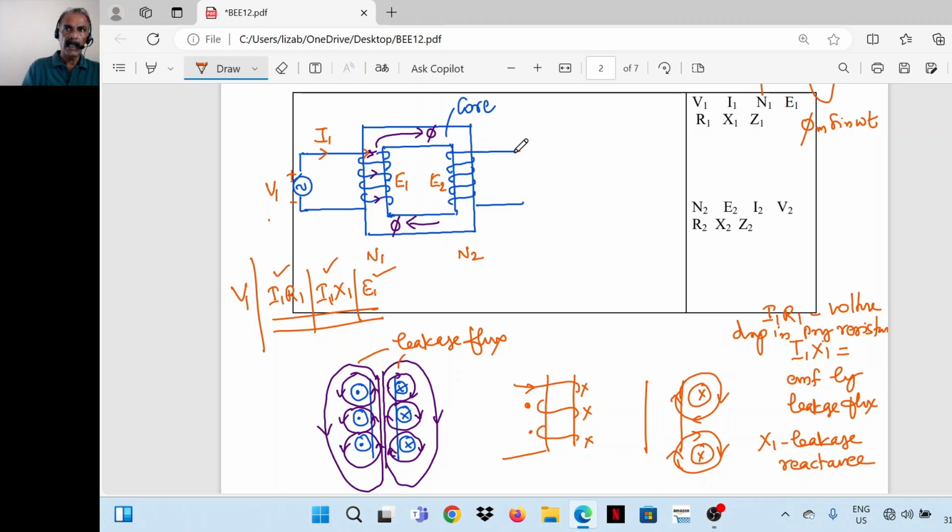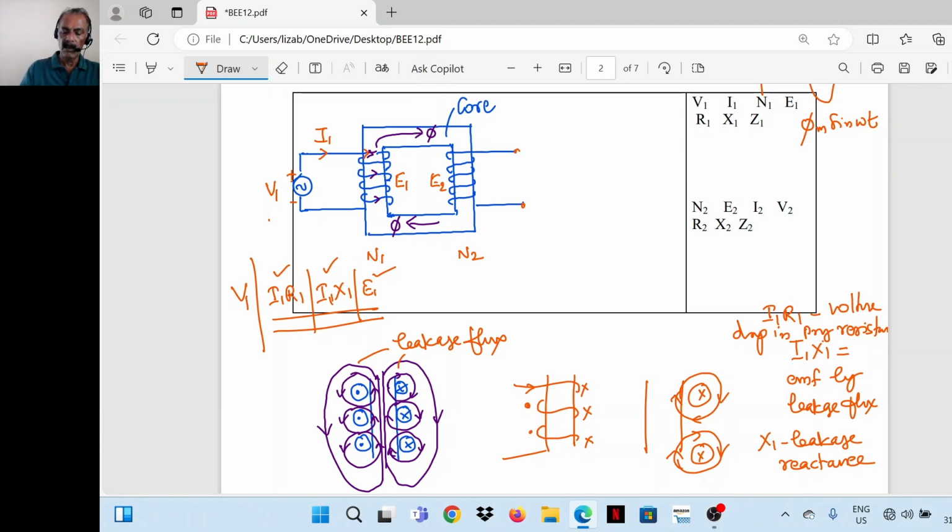Here the secondary terminals are kept open. So E2 depends on N2, the number of turns in the secondary winding, and an EMF is induced in it. There is no current in the secondary winding now because the terminals are open.